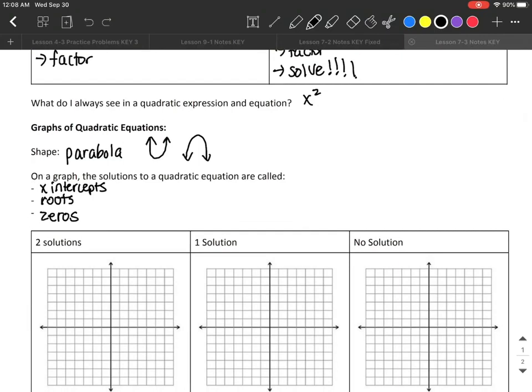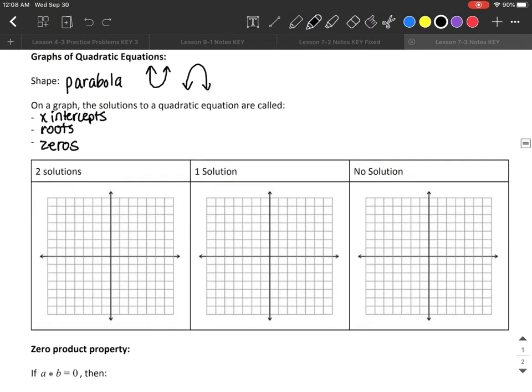They could be asking you for those when they're asking for the solutions to a quadratic equation. There are three different types of solutions you can have. So you could have two solutions, you could have one solution, or you could have no solution, which seems like always the case to everything. Two solutions. If solution means x-intercept, that means I have two x-intercepts. That's two places where the graph intersects the x-axis.